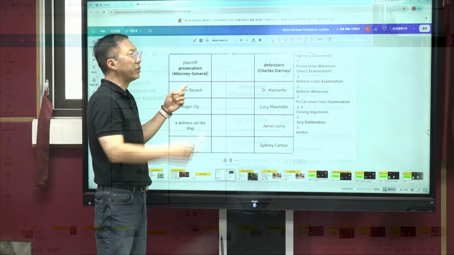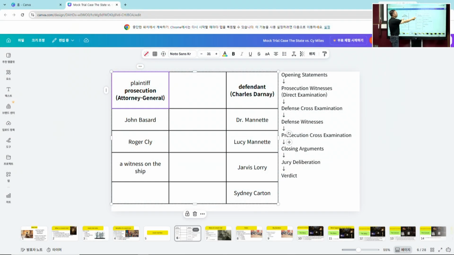Cross-examination is question and answer between a lawyer and a witness from different sides. So the defense lawyer will ask questions to the prosecution witness. After you are done with the first witness, you will do the same with the second witness: direct examination from the prosecutor and cross-examination from the defense. And we will finish all the direct and cross-examinations of prosecution witnesses.